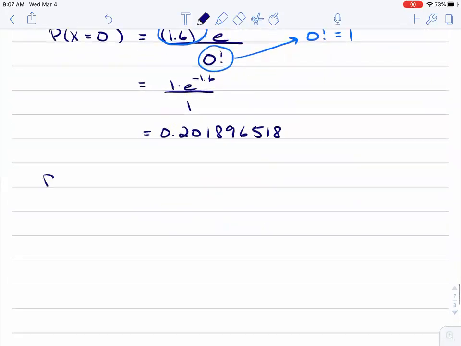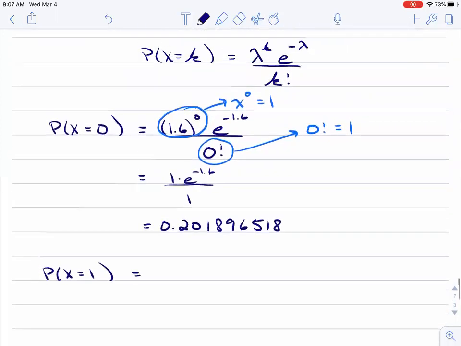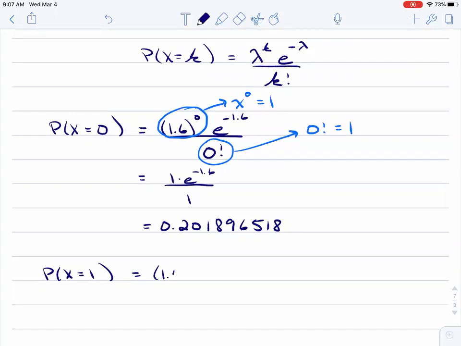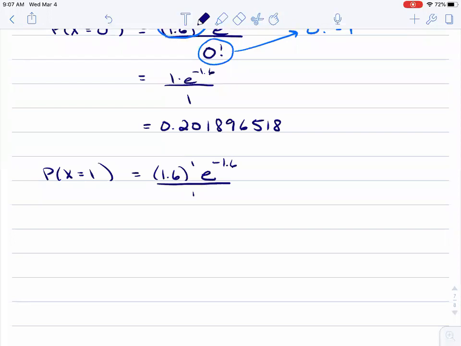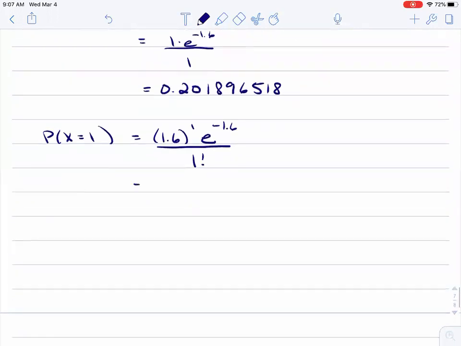The probability that x equals 1 is going to be, again, lambda is 1.6 to the power of k, which is 1 in this case, times e to the negative lambda, 1.6, over 1 factorial. 1 factorial is just 1 again.